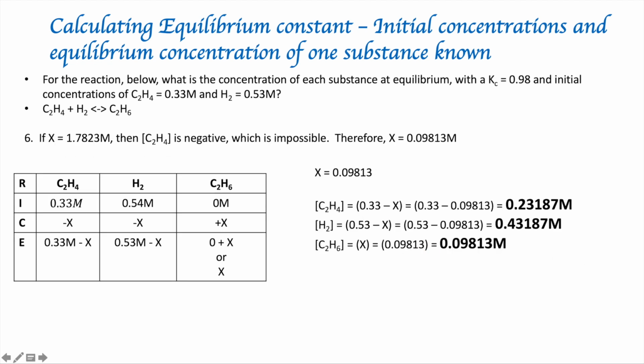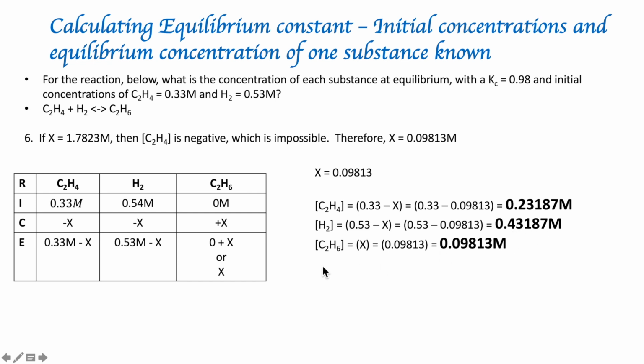So now, since we identified what X is, we can now go ahead and start plugging that into this equation here. So for C2H4, if I take 0.33 molar minus X, I end up with 0.23187 molar for my C2H4. For hydrogen, I'm going to take your 0.53 minus the value for X. This would be the concentration of the hydrogen.